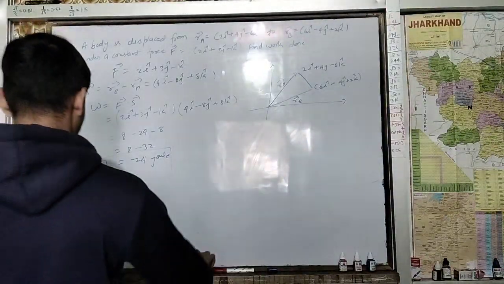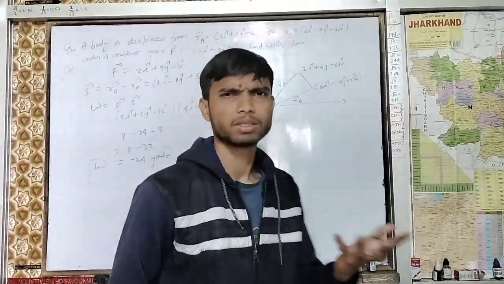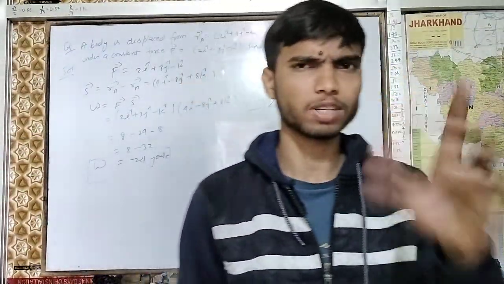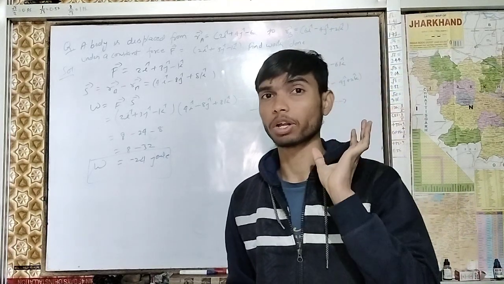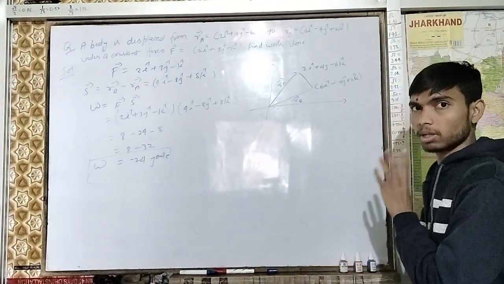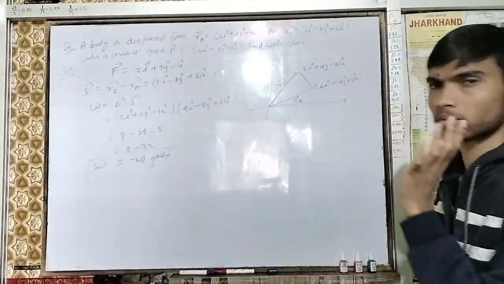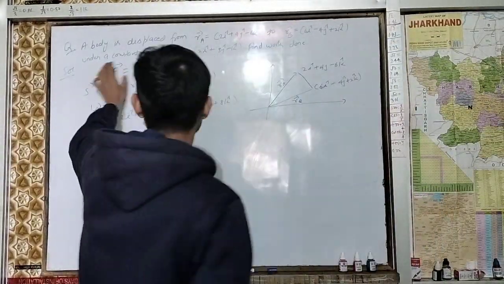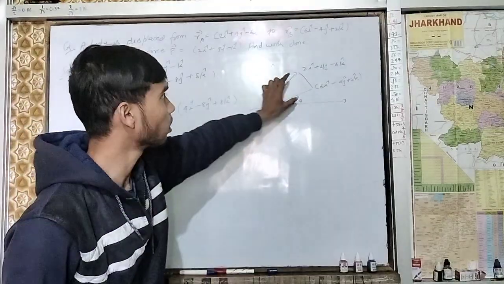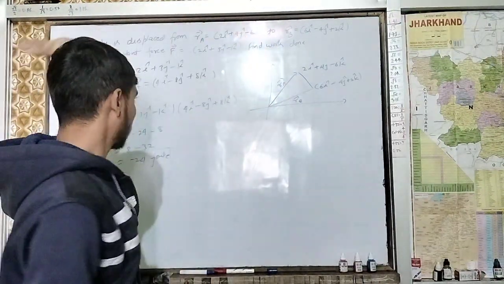Now next question. The question was very simple. It provided a constant force and position vectors, and we calculated the work done. First we saw the force, then we calculated the displacement using final minus initial.